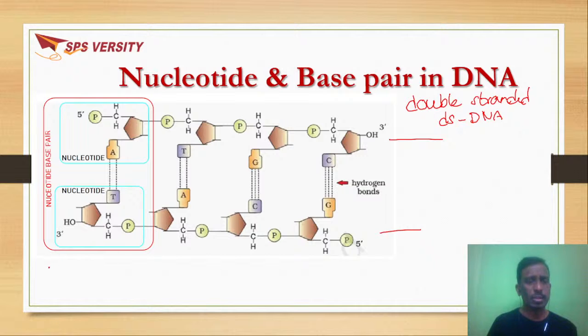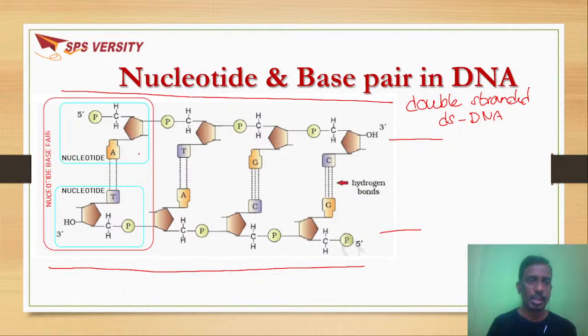So these are the nucleotides of one strand, and these are the nucleotides of the other strand. And the nucleotides of one strand and the other strand are linked by hydrogen bonds. So these are hydrogen bonds.